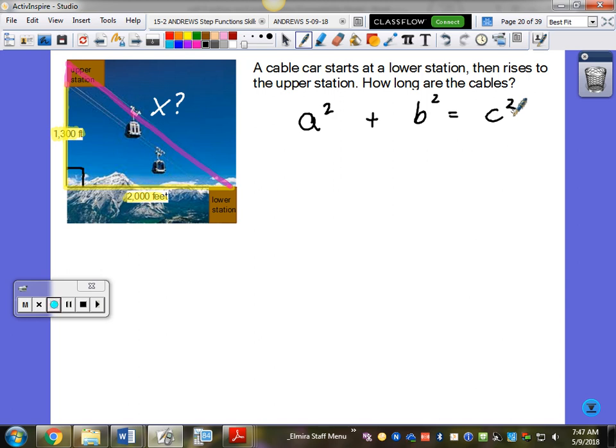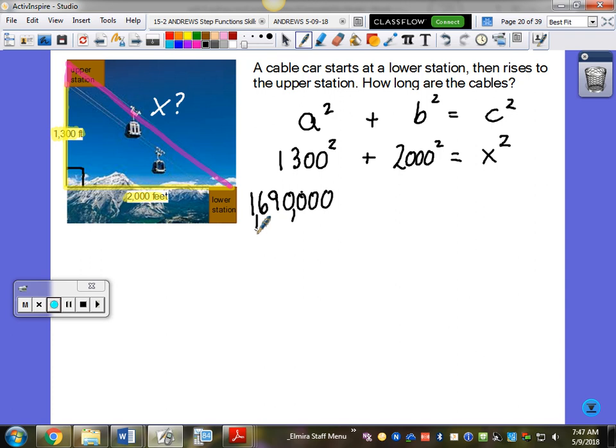Okay. So we have legs, both legs this time, so 1300 squared plus 2000 squared equals, I don't know the hypotenuse. Okay, so these are some big numbers, but the process is still the same. So 1300 squared is 1,690,000.